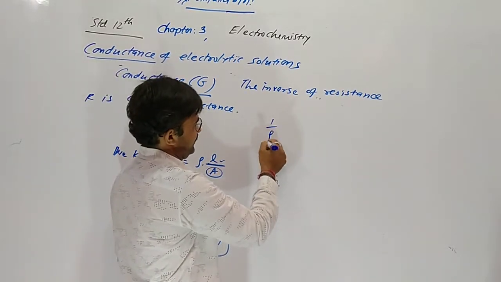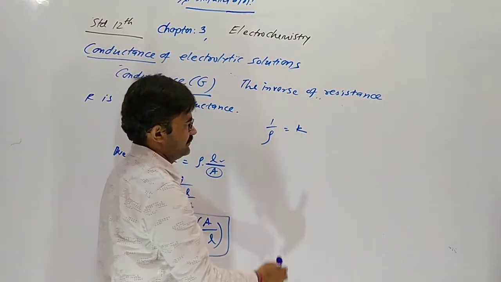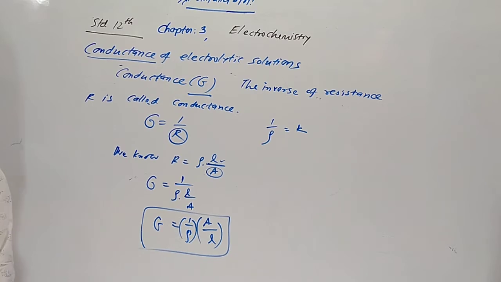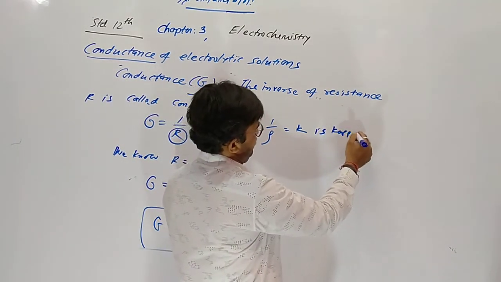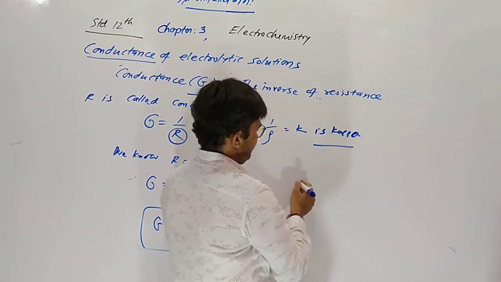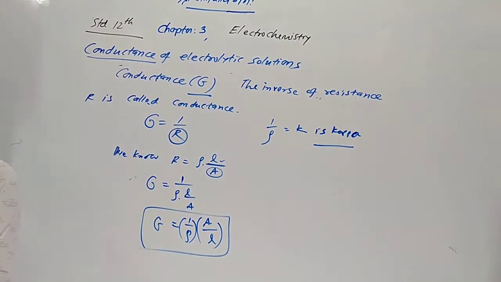So what is 1 upon rho? It is kappa, the Greek letter kappa. The inverse of rho is kappa. Now the inverse of resistivity is called conductivity, or specific conductance.